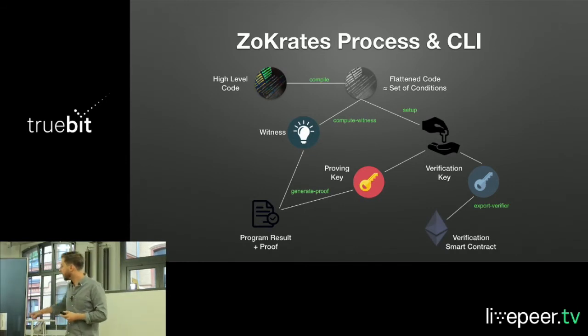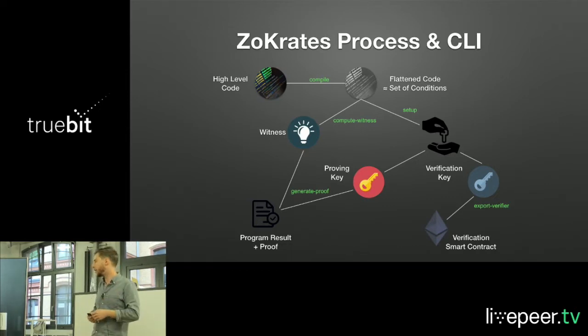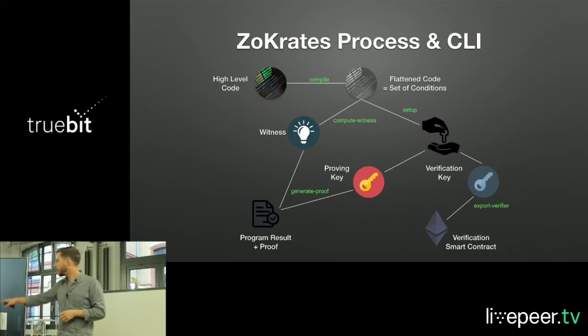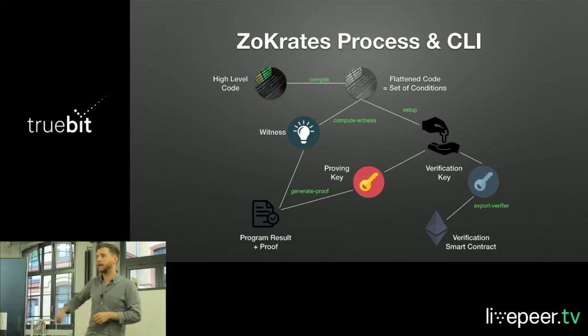You can then generate a smart contract, an Ethereum smart contract in that example, that uses the verification key to verify proofs on the blockchain, and then you take the proof and the output and send it to the verification smart contract. The contract checks whether the computation was executed correctly or not.